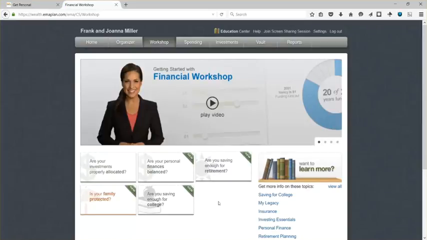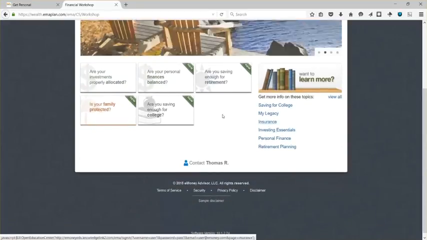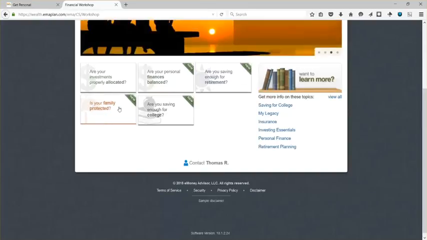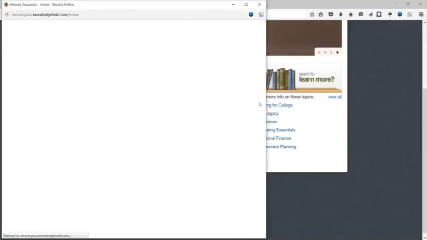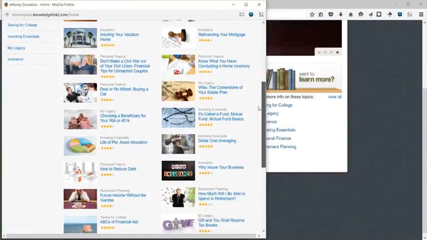This is a set of calculators that you can use for answering simple and relatively straightforward financial questions like examining your allocation, taking a look at your retirement savings rate, whether you have the proper amount of insurance. There's a whole list of topics available, and if you click on View All over here, you will see them.